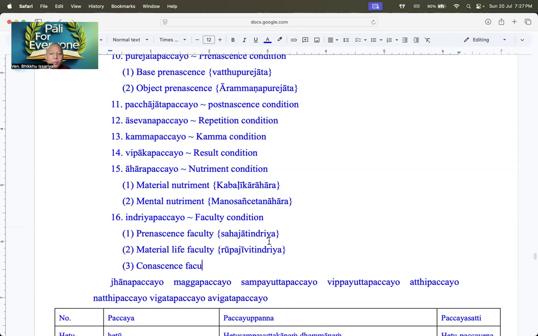Sorry, prenascent means Purejātindriya, not Sahajātindriya. So Purejātindriya. And then conascent means Sahajātindriya.